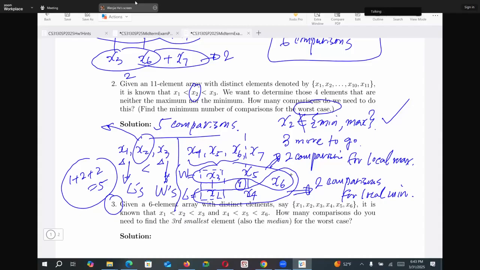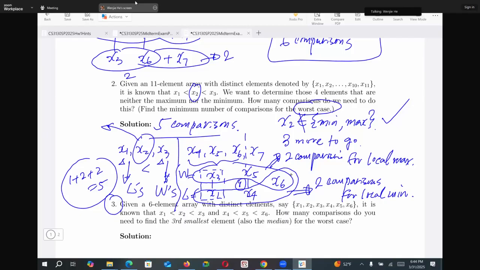So here the question is, when we find the local maximum of the winners group, can X6 be the local maximum of the winners group? Is it possible? Let's use logical thinking.